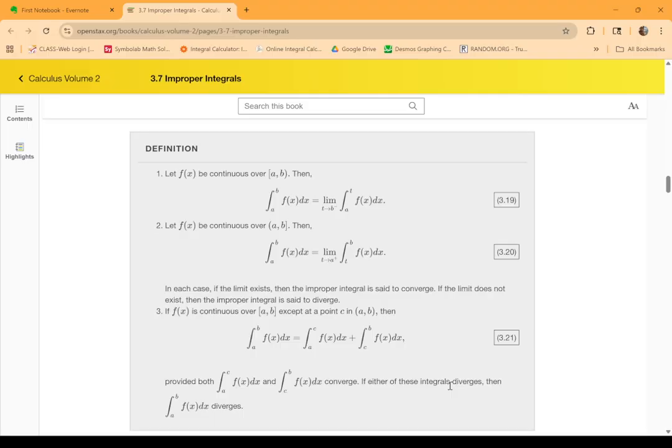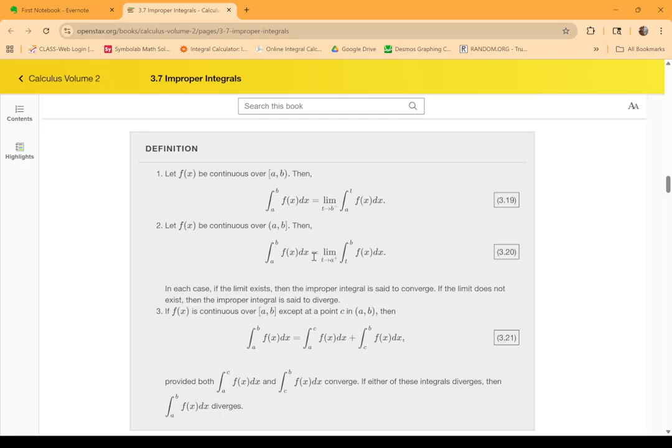Now the idea is the same. What we do here is we approach these limits. If the discontinuity is on the right, then we look at the left side of the limit as I approach it. If it's on the left, we look at the right side of the limit as I approach it there.